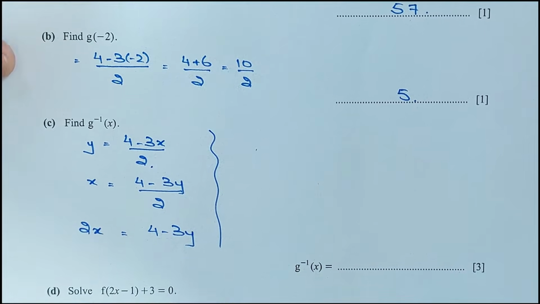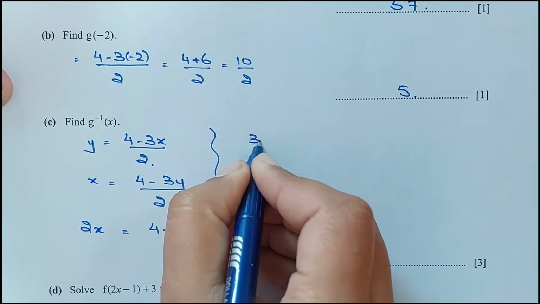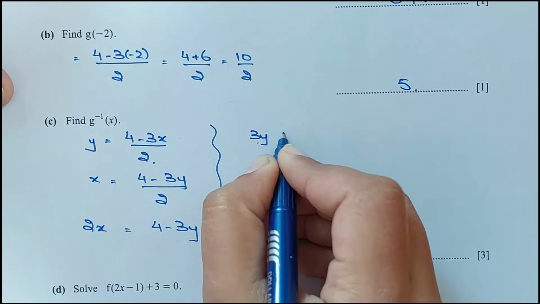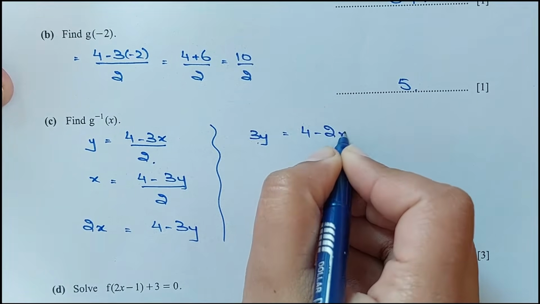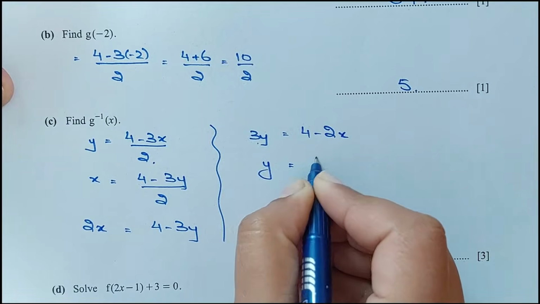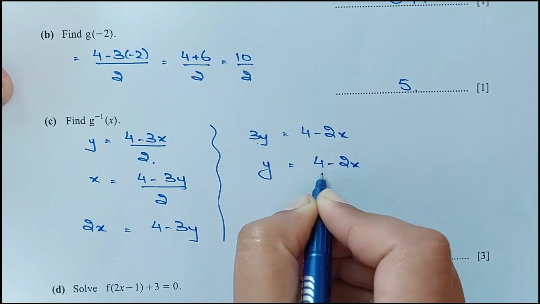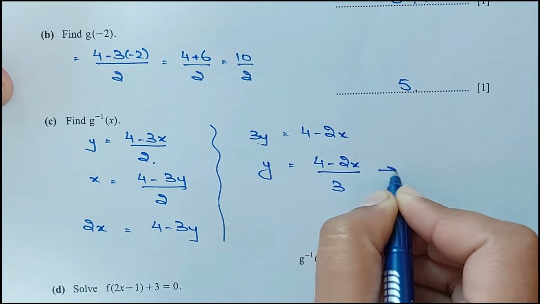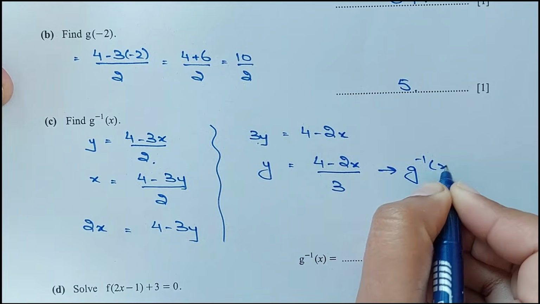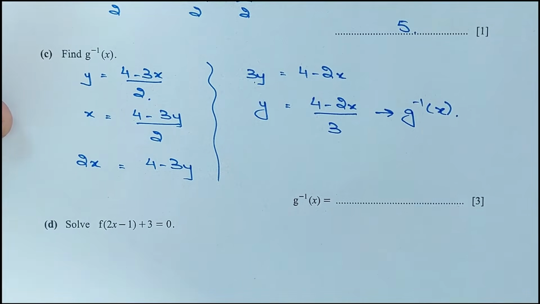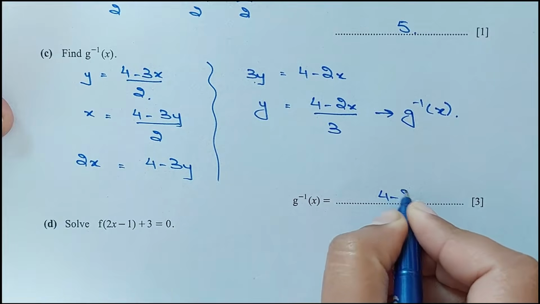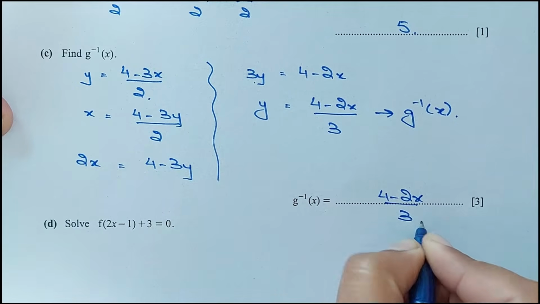Okay, in the next step, shifting the 3y to the other side, we have 4 minus 2x. So y equals (4 minus 2x) over 3. This is my g inverse of x. Let me write this down. (4 minus 2x) over 3.